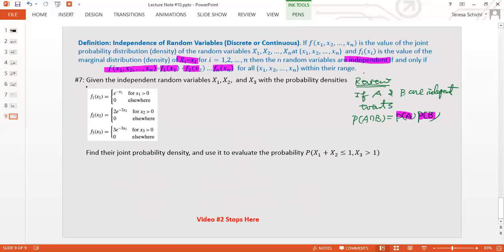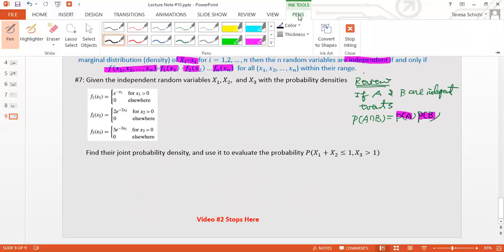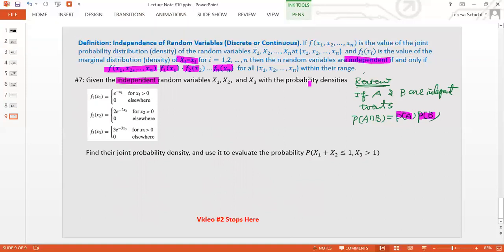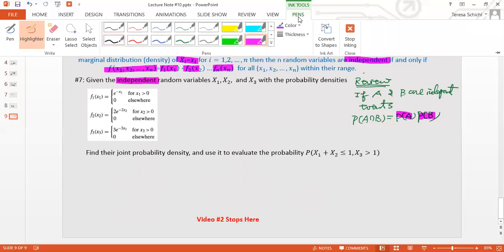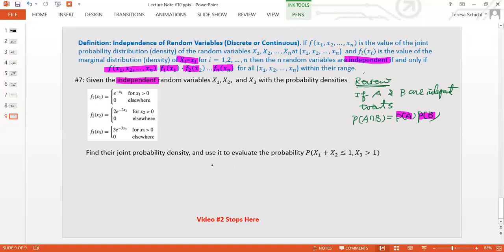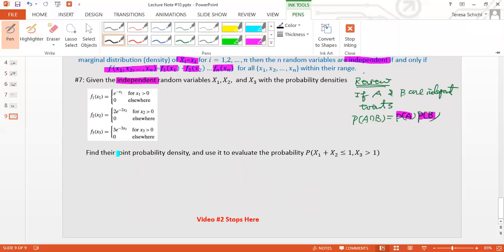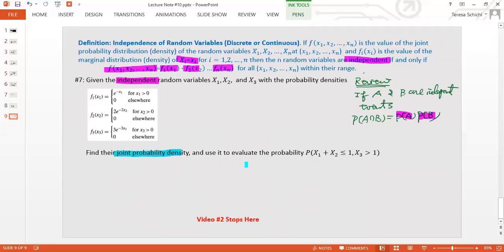Okay, so now let's take a look at this one. Let's say we are given independent random variables X1, X2, and X3, each with its own individual probability density. And here they say those are independent, right? Because they are independent, the first thing they ask is to find the joint density.